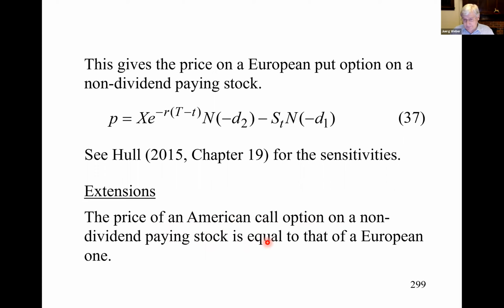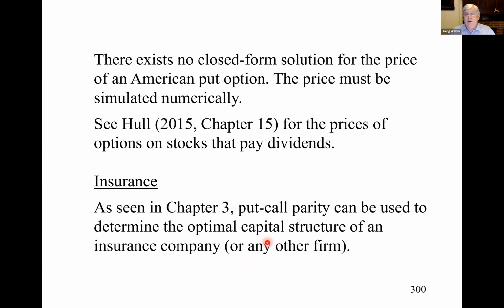It doesn't matter for a call option on a non-dividend paying stock. For a put option, there is no closed form solution for an American option, and you have to simulate it numerically. We will do a simulation in the third computer assignment. You will see how you can simulate option prices.